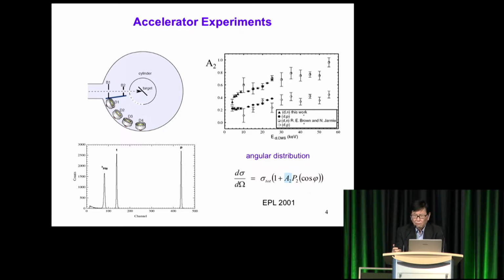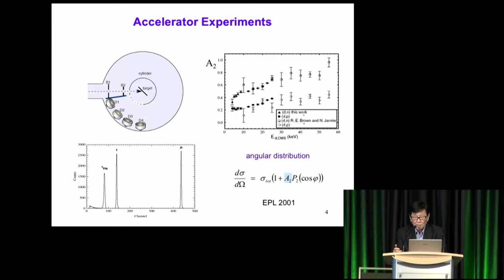The lower left figure shows the energy spectra of emitted charged particles. You see proton, triton, and helium-3 particles clearly as sharp peaks. The measured angular distribution is not isotropic, but anisotropic.